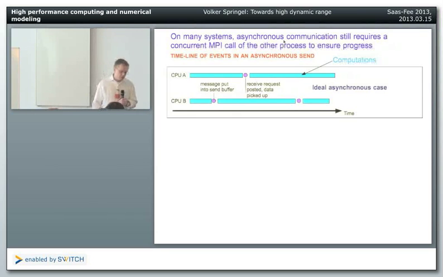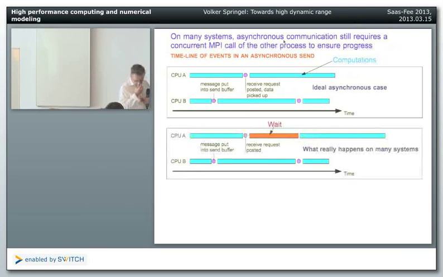For example, suppose A and B need to exchange some data, and you would like to do this asynchronously so that they don't have to wait for each other. So B at this point puts some message into a send buffer, and then A, when it's done, picks it up. Okay, that should work, you would think.